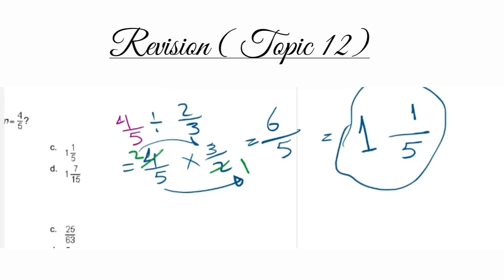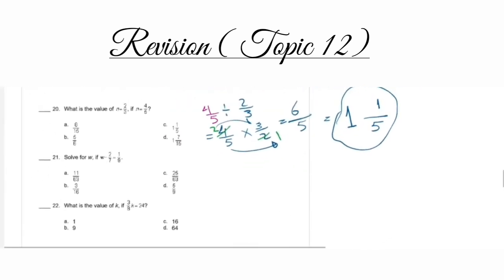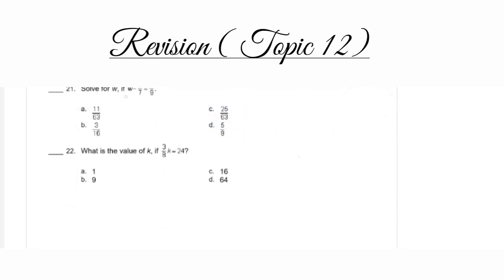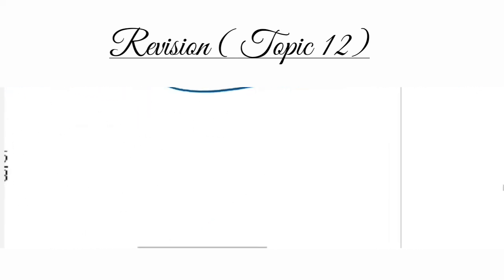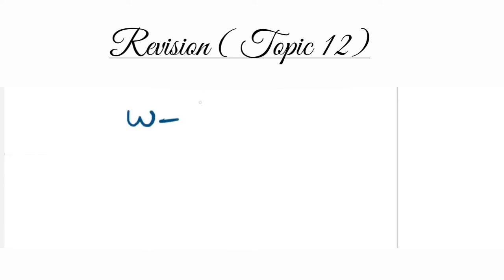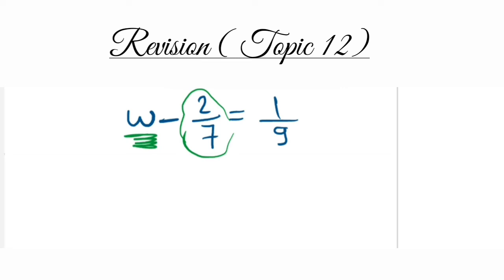In question 21, solve for W. We have an equation here. We need to solve this equation. The equation is W minus 2/7 equals 1/9. To solve this equation, we need to remove 2/7 from this side, so we get W alone on one side.